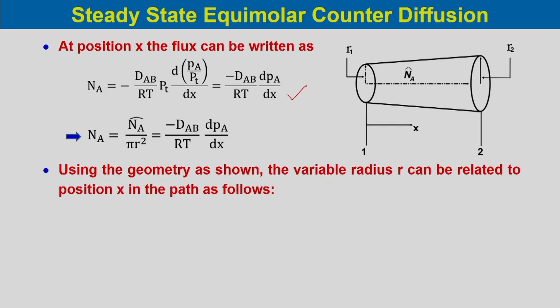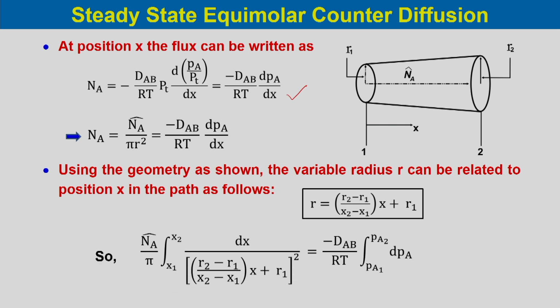Now, using the geometry as shown, the variable radius r can be related to position x in the path as follows. r would be equal to (r2 minus r1) divided by (x2 minus x1) into x plus r1.